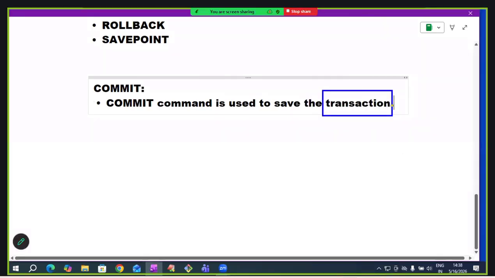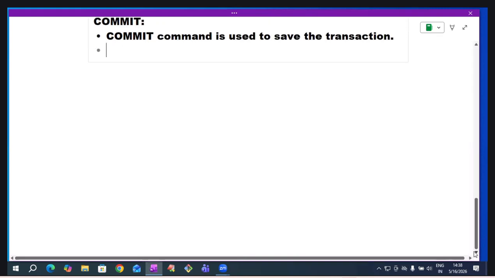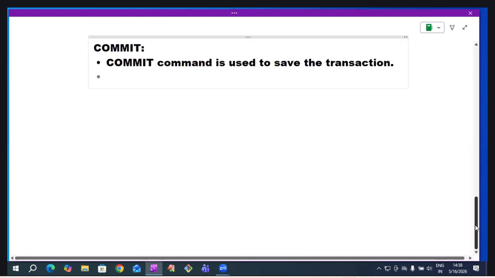You already know this term, transaction. Every transaction is a series of actions. If all actions are performed successfully, to save this transaction, we write commit. Understand this now? Let me write this point first.